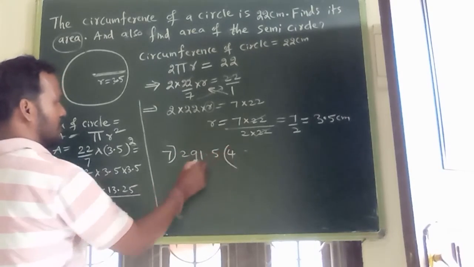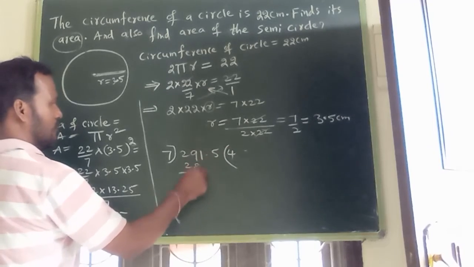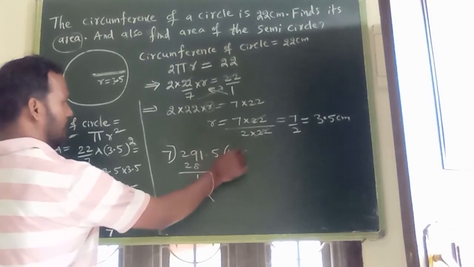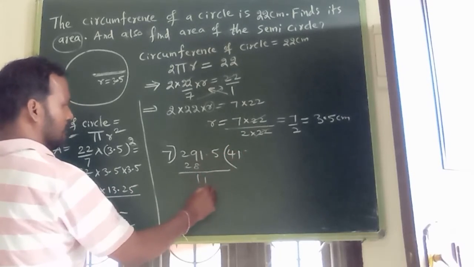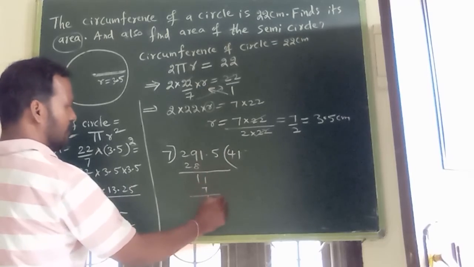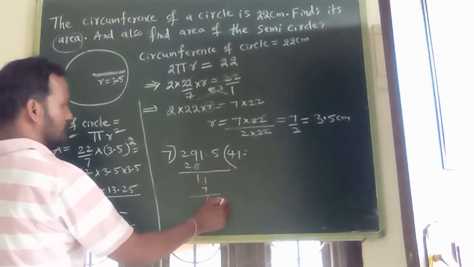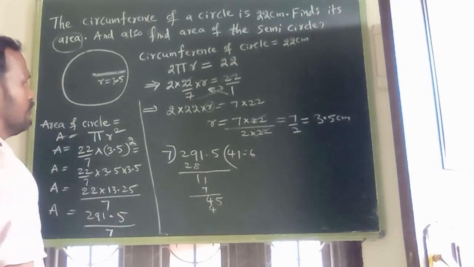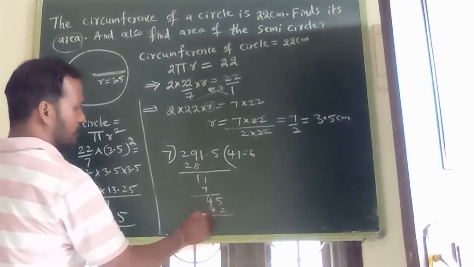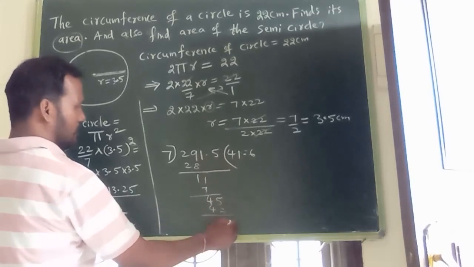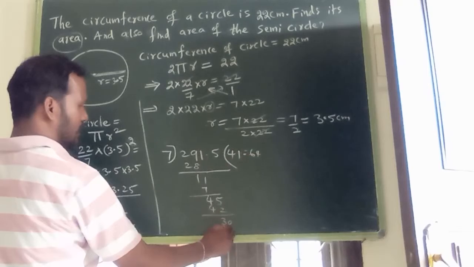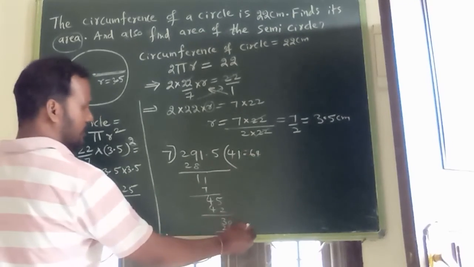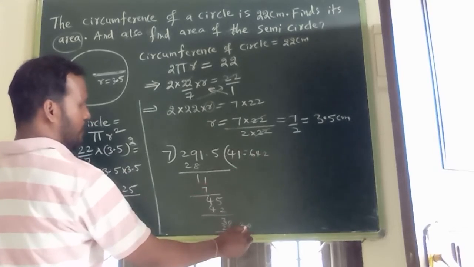7 threes are 21, 7 fours are 28, 1 remaining, 1 down, point, 7 ones are 7, remaining 4, 5, 7 sixes are 42, remaining 3, 30, 7 fours are 28, remaining 2, 7 twos are 14.